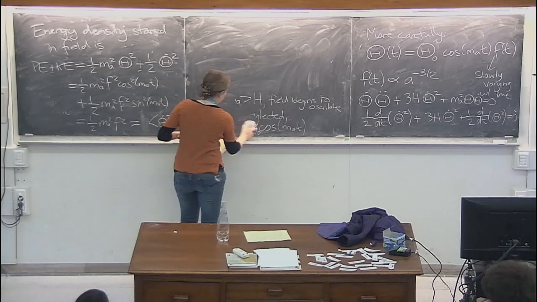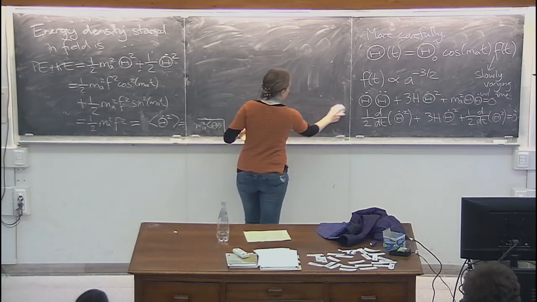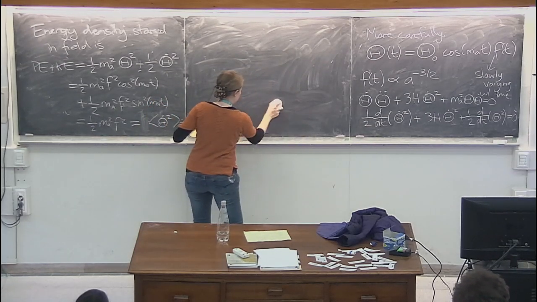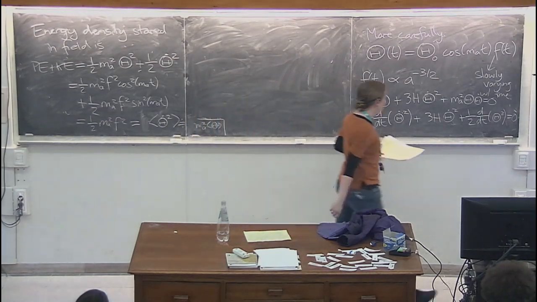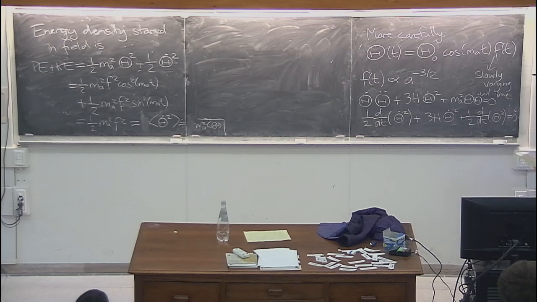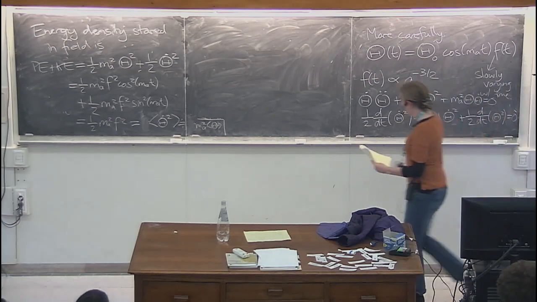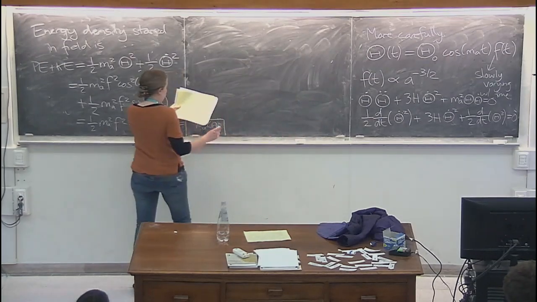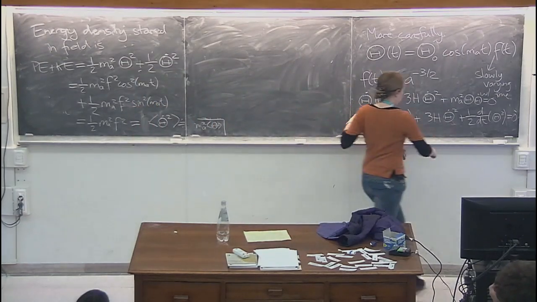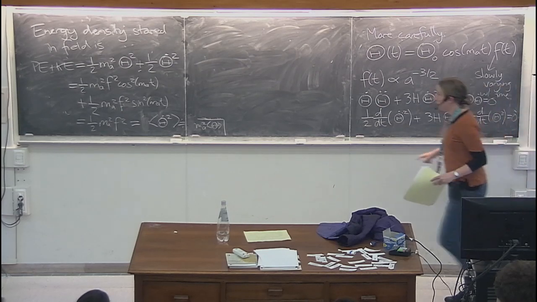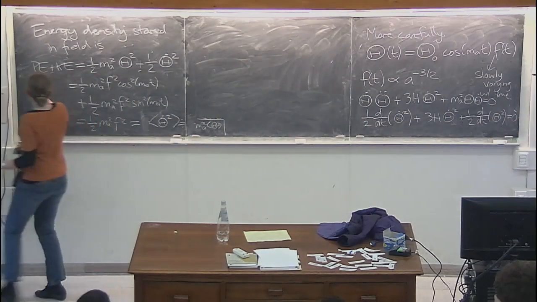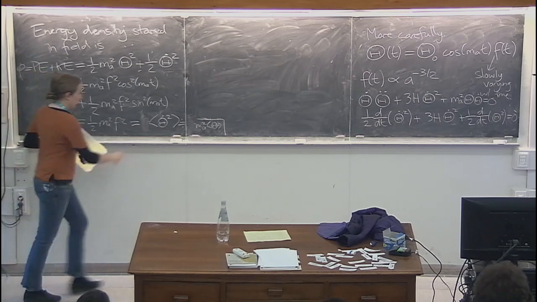then what I'll find if I take the expectation value of this equation is that this term and this term are both just telling me about the energy density of the field. So these two terms add together and just give me d by dt of rho in the field.